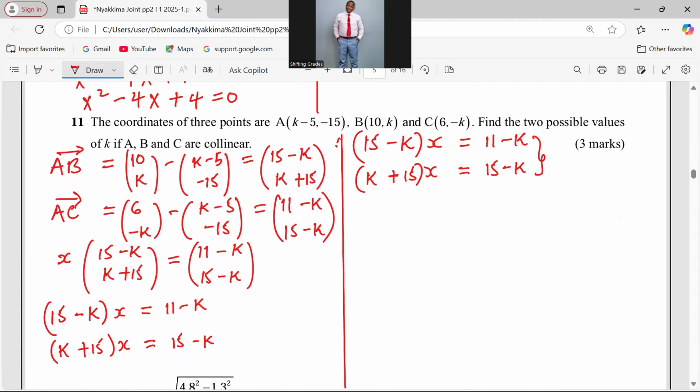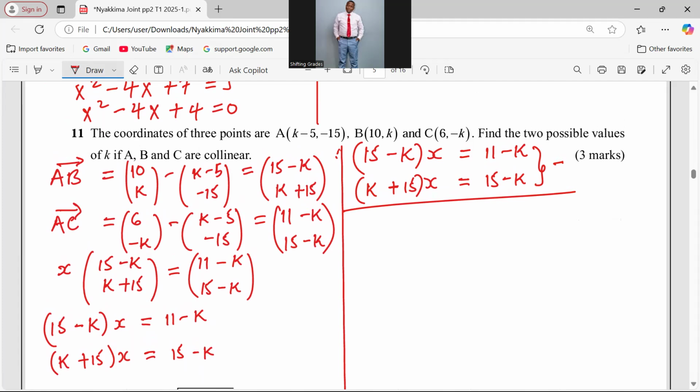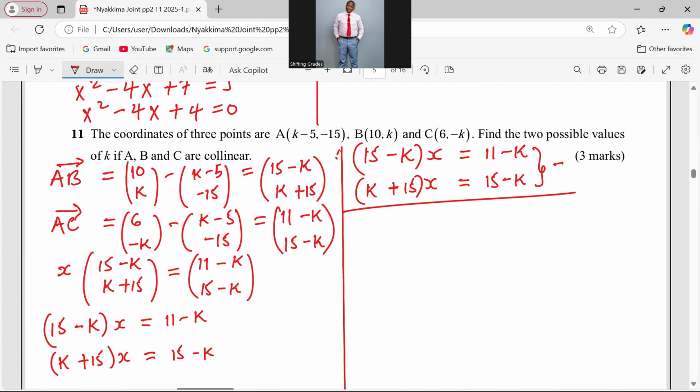Elimination means we subtract corresponding values. Negative k minus negative k cancels, so we have 11 minus 15, which is negative 4.